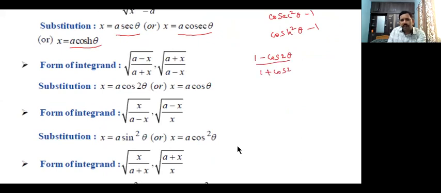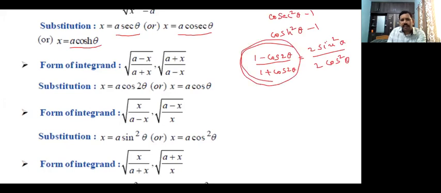These formulas we already know. 1 minus cos 2 theta means 2 sin square theta. If it is plus, we get cos. 1 plus cos 2 theta means 2 cos square theta. So whatever is there, 1 minus x, 1 plus x, in place of x, take a cos 2 theta or a cos theta. Okay.